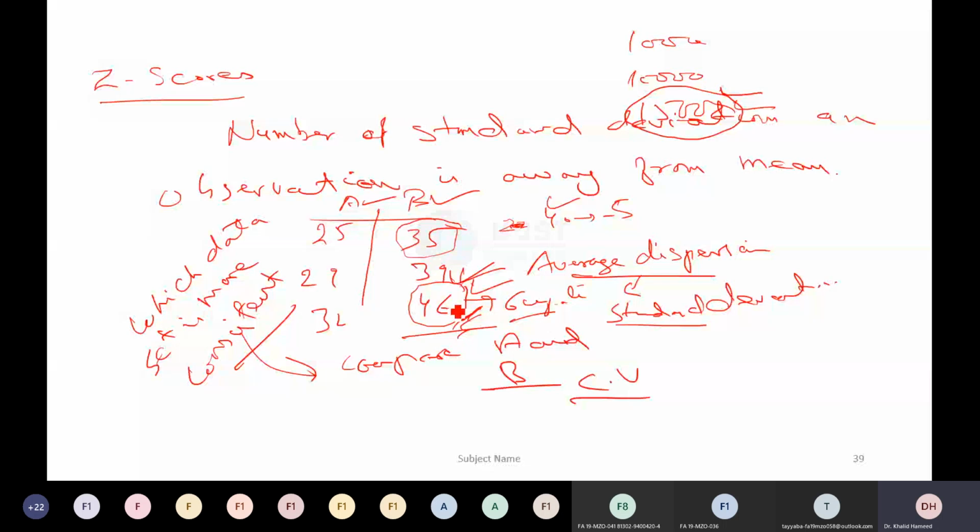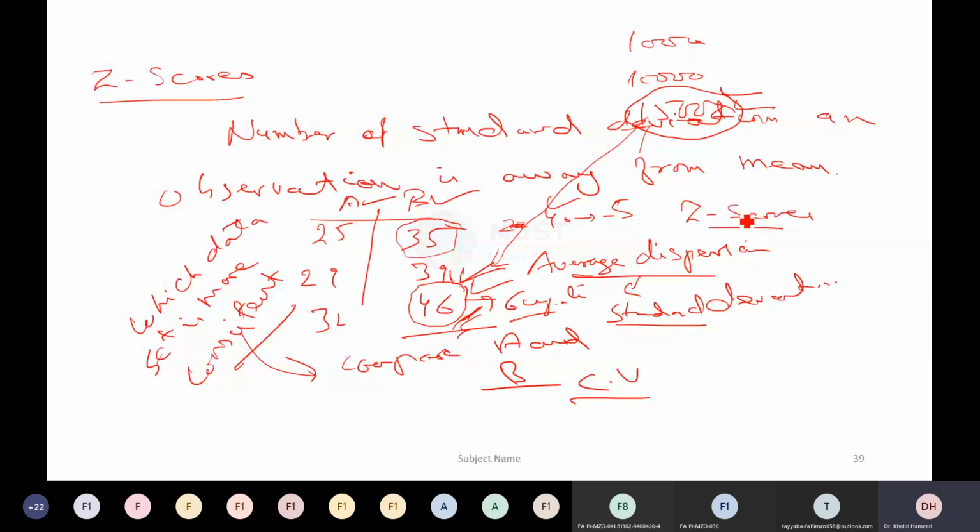To compare observations from two different data sets, where you can see a huge deviation in one and not in the other, the comparison cannot be in terms of this being 6,000 away from the mean and this being just 6 away from the mean. That will not give the idea. Rather, the only appropriate way to carry out the comparison is through z-scores.